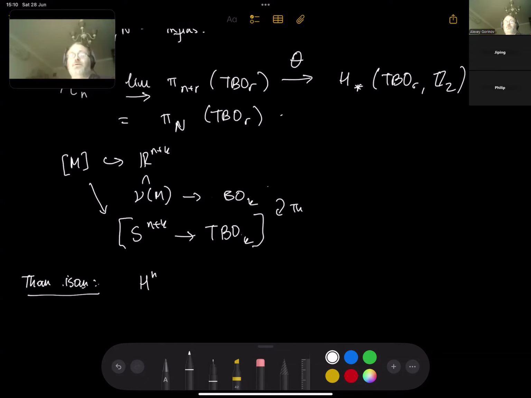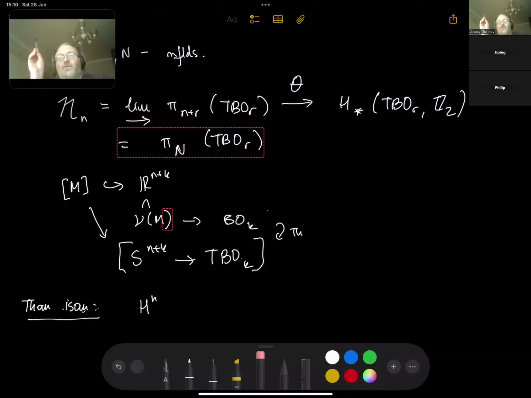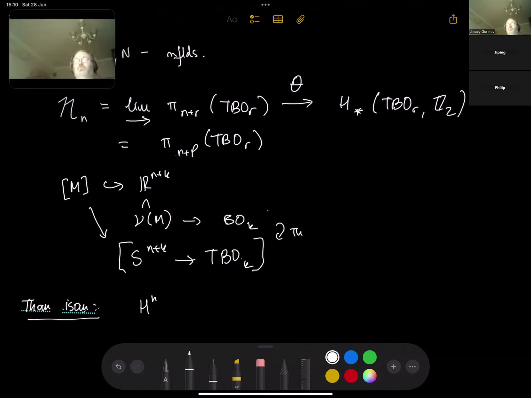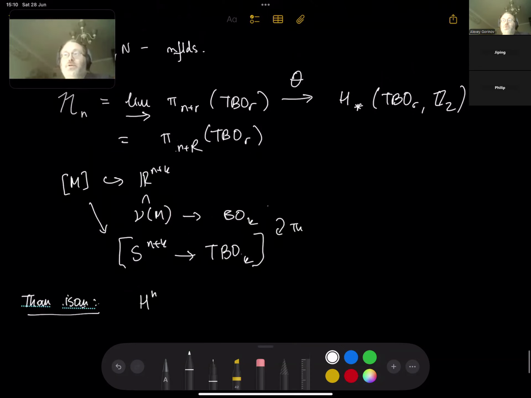Yes. And then this is just an isomorphism of groups. So for a fixed m, we can choose n very large. For a fixed n, we can choose r large enough. So we fix an n and then we vary r. So n plus r, and then capital R on the right as well.